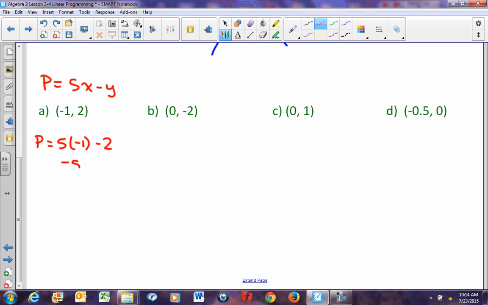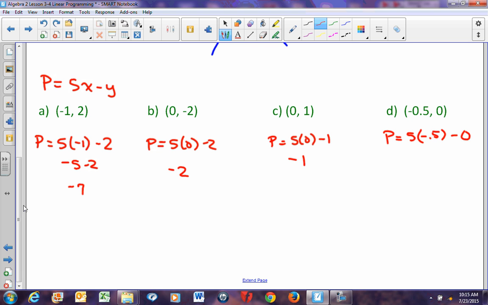So that's negative 5 minus 2, which is negative 7. And if we look at the second one, 0, negative 2, p is going to equal 5 times 0 minus 2, so we're going to get negative 2 there. If we have 0, 1, p equals 5 times 0 minus 1, so we have negative 1 there. And the last one, p equals 5 times negative 5 minus 0. So this is going to be negative 25.